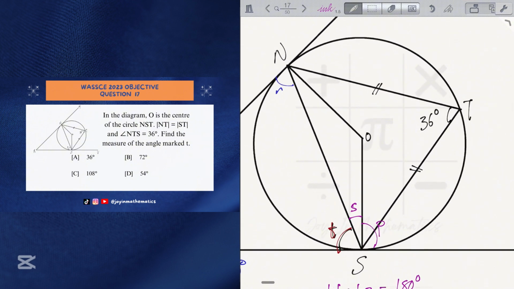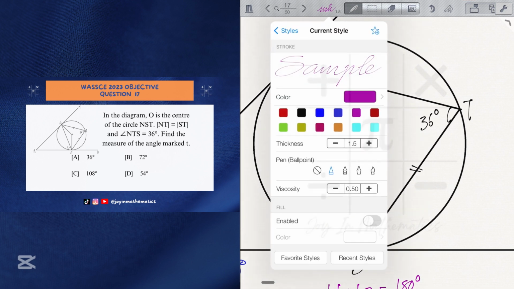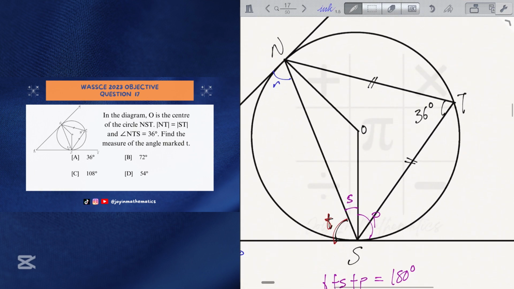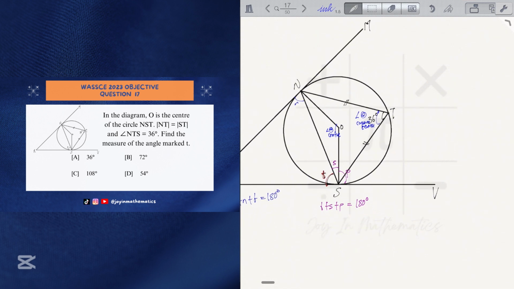Now, if you look closely at this diagram, you will notice something that we have been doing. You notice angle at center, and this will be the angle at circumference. And from circle geometry, you'll understand that the angle at center is equals to 2 times angle at circumference.